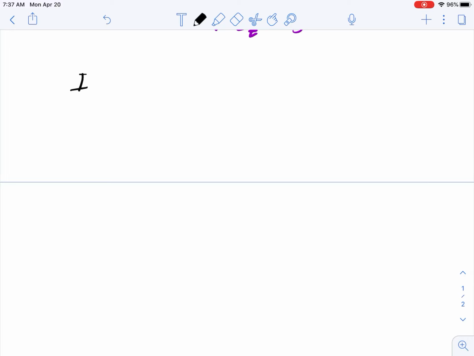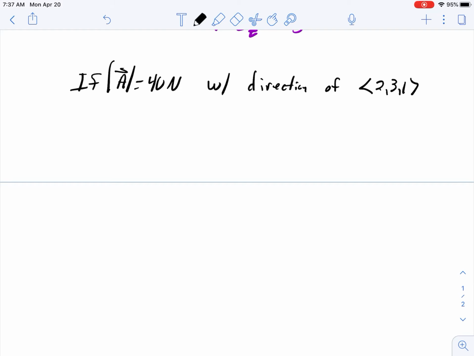Let's say the magnitude of A is 40 newtons with a direction of 2 comma 3 comma 1, then find the components of A, okay, with that same direction.